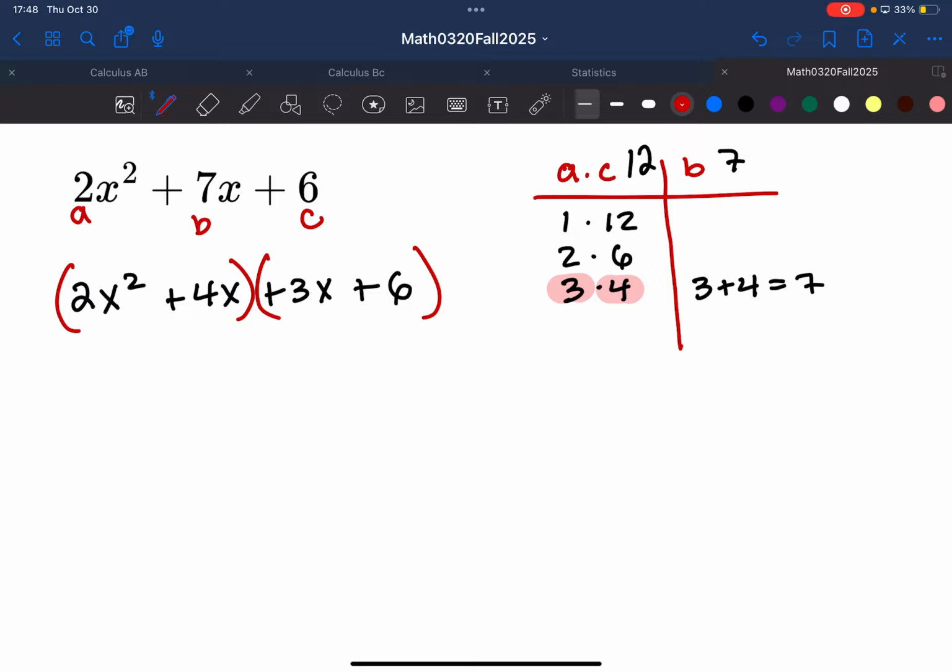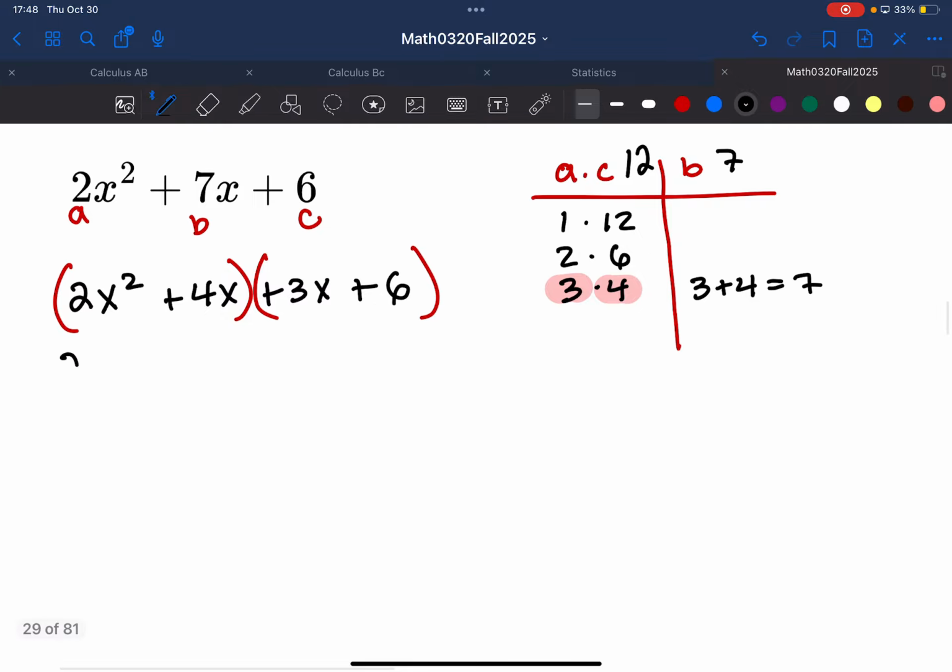So then from here, all I have to do is take the GCF out of each of the parentheses. So looking at the first parenthesis, what can I take out of 2x? Good, I can take out a 2x. And when I do that, remember I divide each term to get what's left over. So 2 divided by 2 is 1.